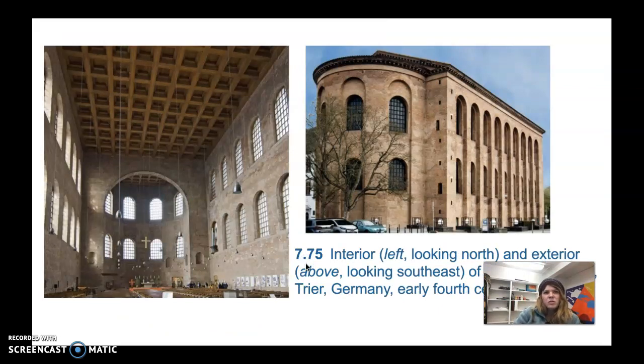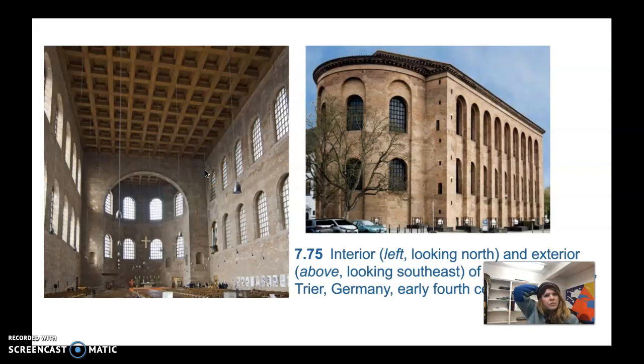And then Constantine also built an audience hall as part of his palace complex. And it was called the Aula Palatina. And you can see the hall is very simple, unlike the Basilica Nova. It has this wooden coffered ceiling, so the coffers are the recesses, probably to reduce weight. And also it does create a nice pattern on the wall.